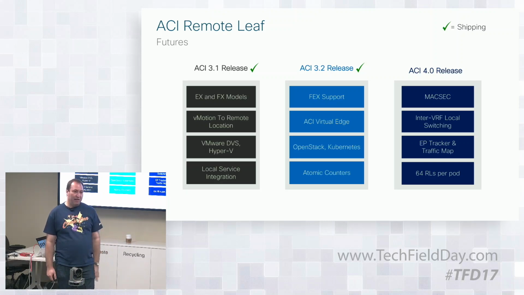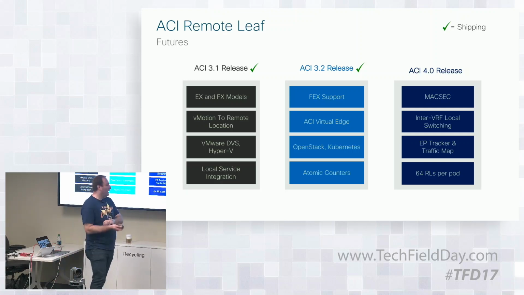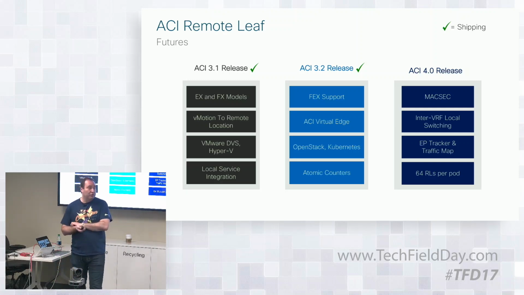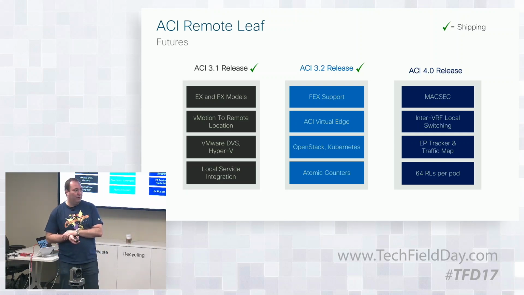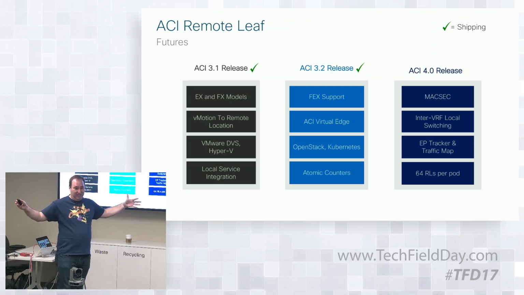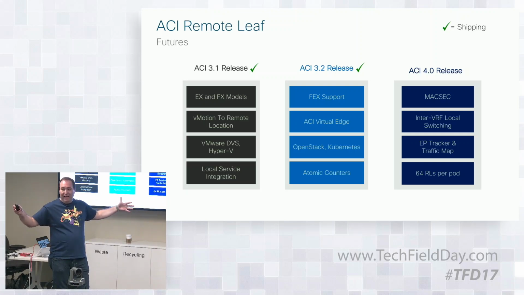Again, this is not for many people. It's for some. And then, of course, we're now up to 32 remote leaf pods or 64 leaves on a single pod. So now think about it. Technically speaking, you could deploy to 64 locations and manage them as a single one.